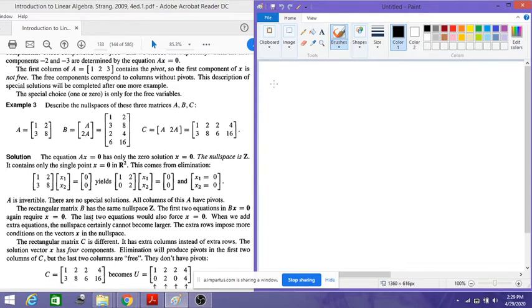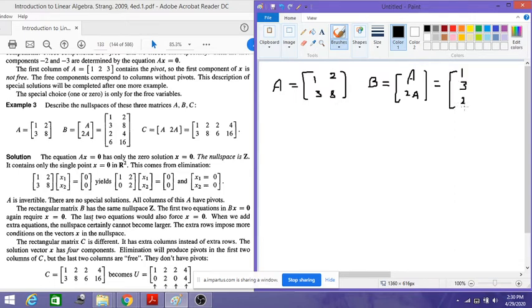So we have three different matrices here. A is equal to 1, 2, 3 and 8, and B is equal to A and 2A, which is equal to 1, 3, 2, 6, 2, 8, 4, 16, and C is equal to A with 2 times A in this form.